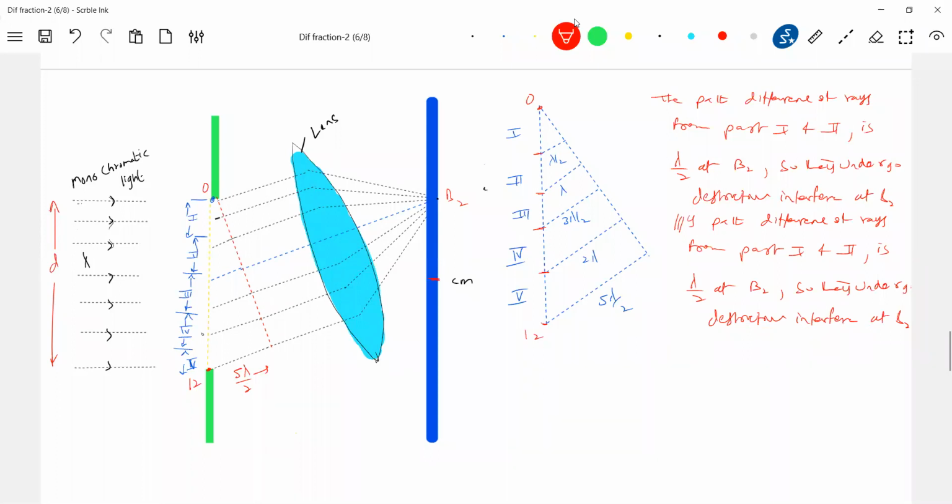Similarly, the path difference of rays from part 3 and 4 is lambda, so they undergo destructive interference. So therefore, who will contribute? Only part 5 will contribute light at B2.